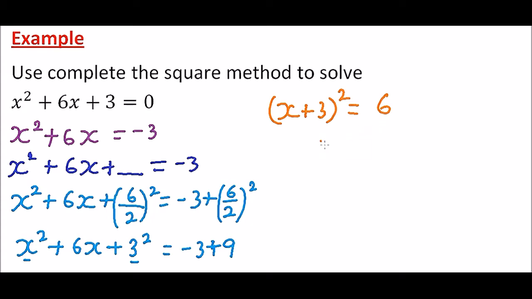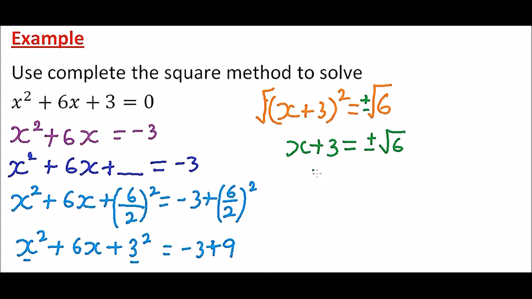When we get 6, we get the square root for both sides. The square root for this side is x plus 3. So the square root of 6 is equal to, this will be plus or minus the square root of 6.